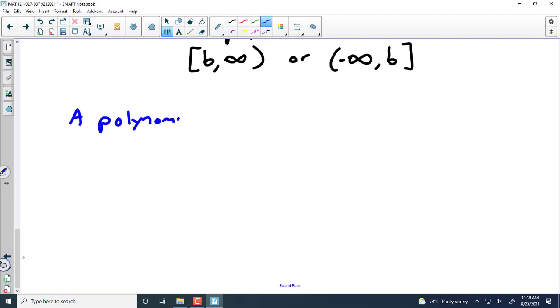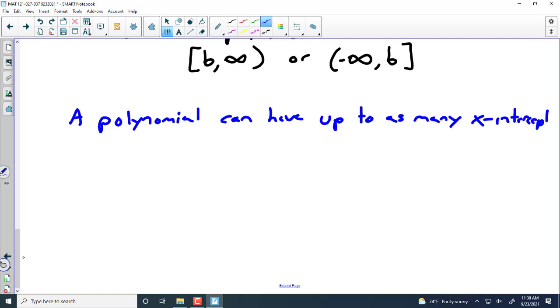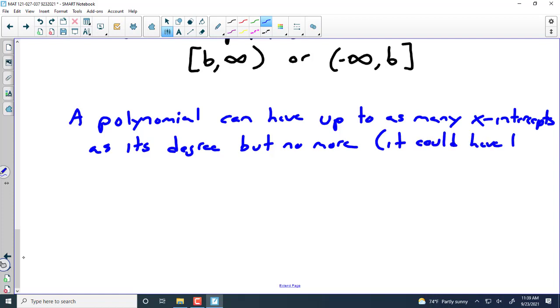A polynomial can have up to as many x-intercepts as its degree, but no more. It could have less.